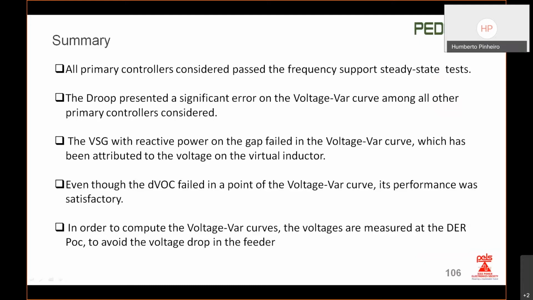Even though the DVOC failed at a point of the voltage VAR curve, its performance was good, considering that we probably are going to have a secondary controller that will compensate for this difference in reactive power. This is just a detail: when computing the voltage VAR curve, we use the voltage at the POC of the DR, not the voltage at the grid.